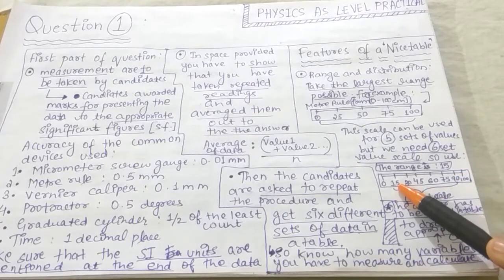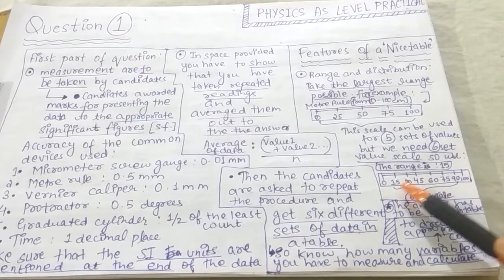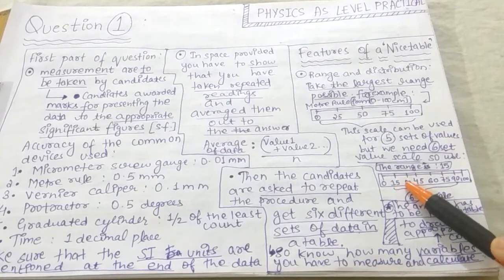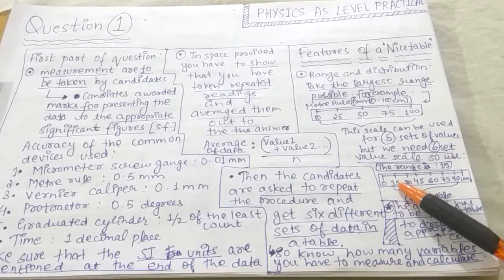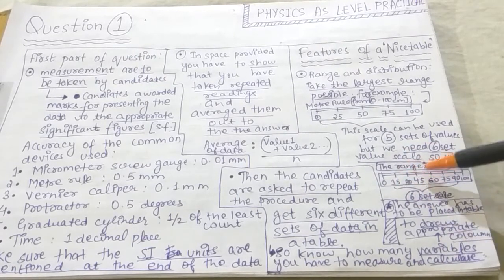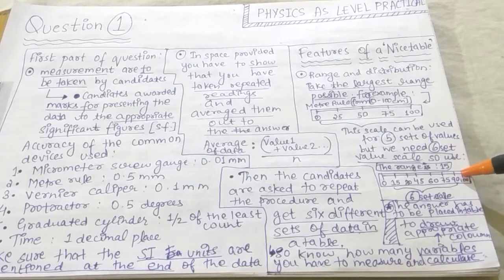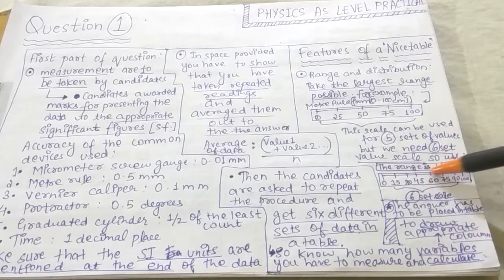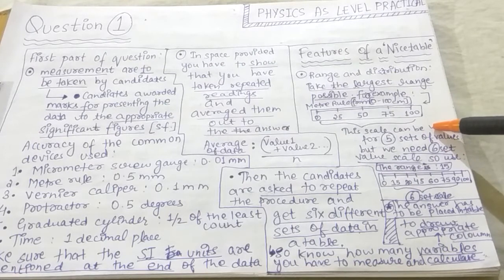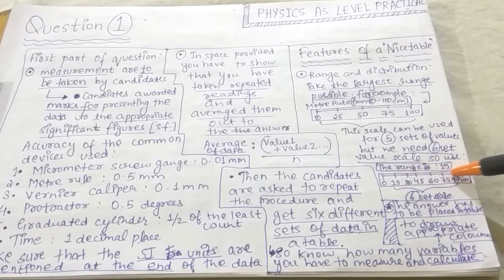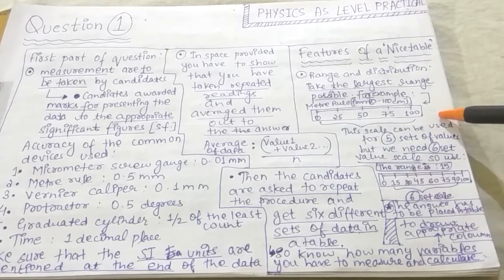If you notice, between each of the values you have a difference of 15. So the range is 15. The 6 set of values here would be 15, 30, 45, 60, 75, 90. These will be the values of your x, and then you will write the corresponding value of y.